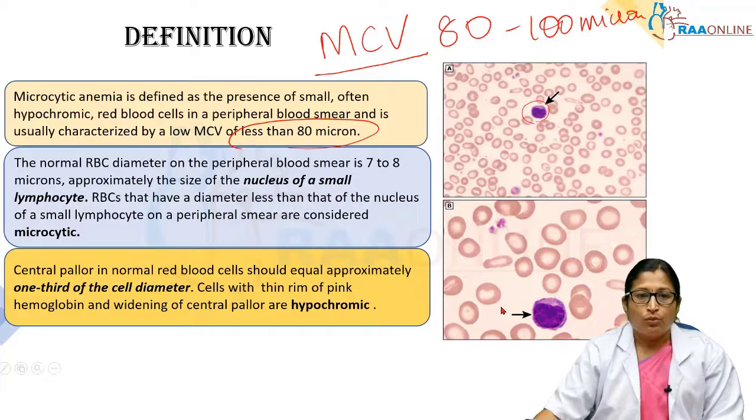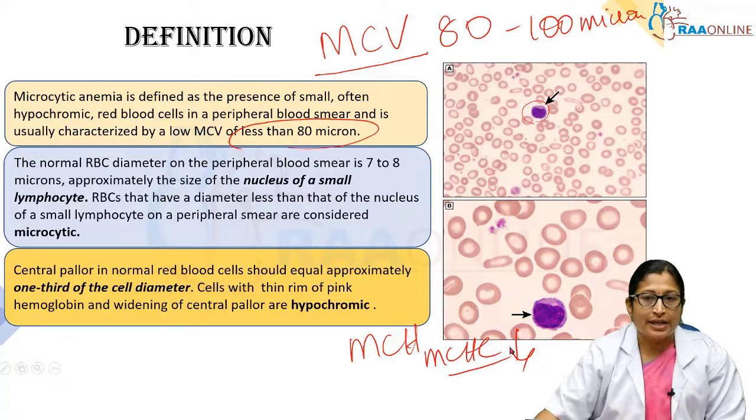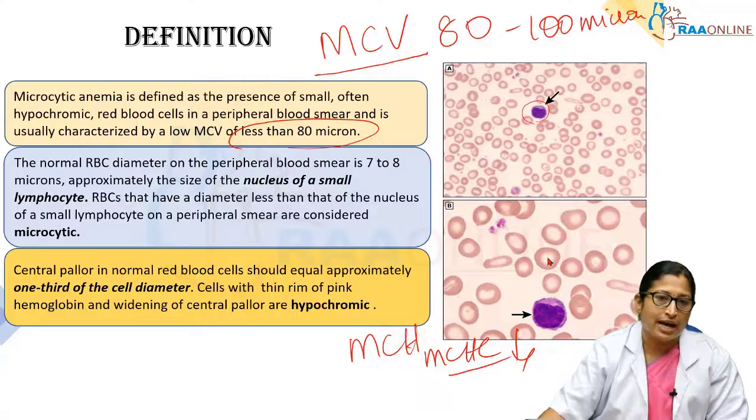And what is hypochromic? In automated cell counters, when MCH and MCHC are low, you call them hypochromic cells. In the peripheral blood smear, this is the central pallor of the RBCs. Normally, the central pallor of a normal RBC should be approximately 1/3 of the cell diameter.